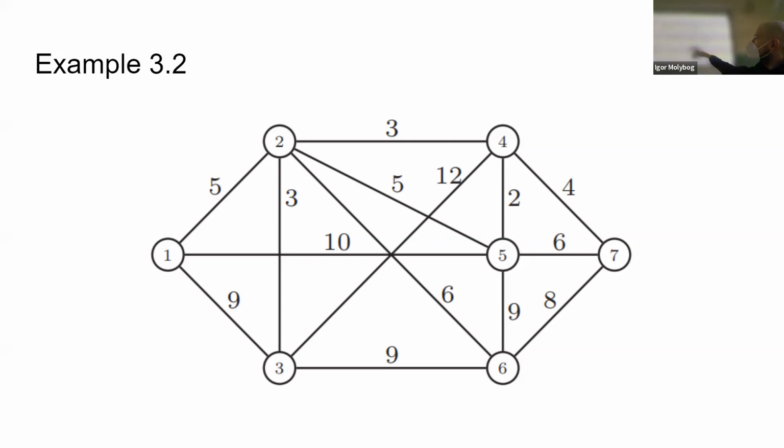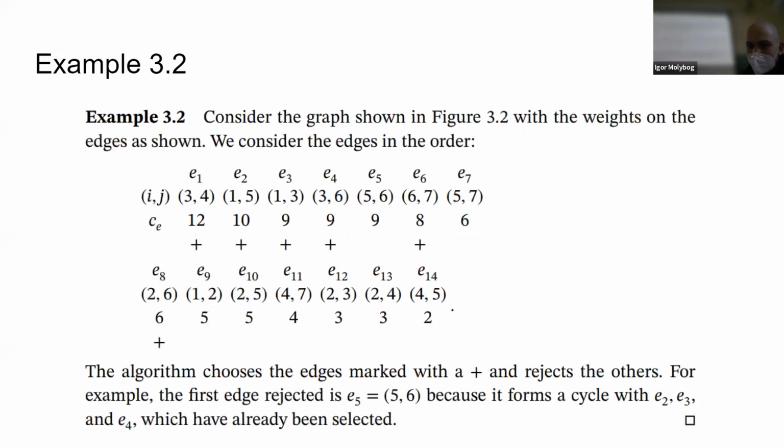The second is going to be 1, 5 because it has the weight of 10, and then 5, 6 because it has the weight of 9, and so forth. So we can line them up, and with pluses we denote the edges that will eventually fall into our graph.